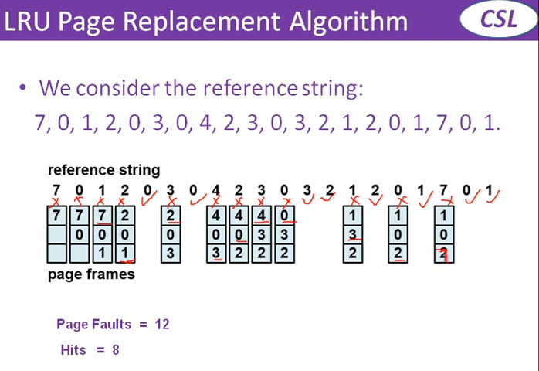So this is how the LRU page replacement algorithm works. Here we have to identify the page that is least recently used. You go in the backward direction to see which page frame was used last. We select that frame, remove it, and fill it with the newly requested page. That is the concept of the LRU page replacement algorithm.